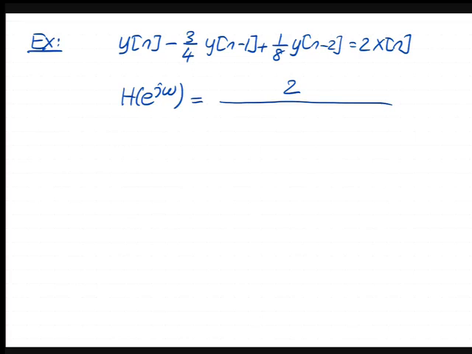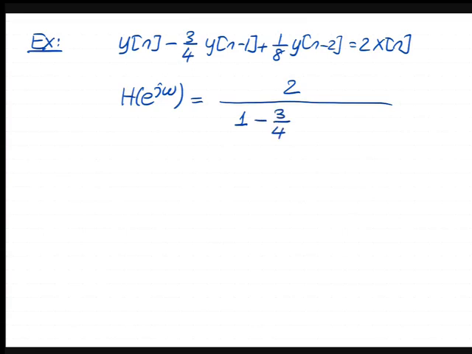So maybe instead of memorizing a formula that was on the previous page, the thing to remember is that things on the right-hand side are going to go to the numerator. And things on the left-hand side, the y side, the output side, will go in the denominator. And y itself will just give a constant, and y is multiplied with 1, so you just put a 1 corresponding to the coefficient of y. For y of n minus 1, I have a coefficient of 3 over 4.